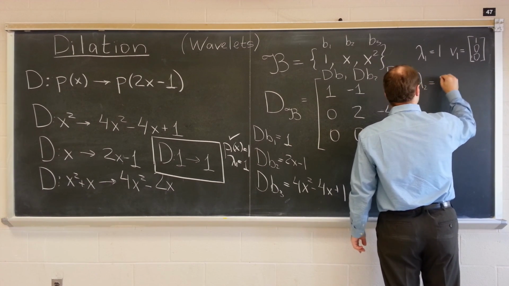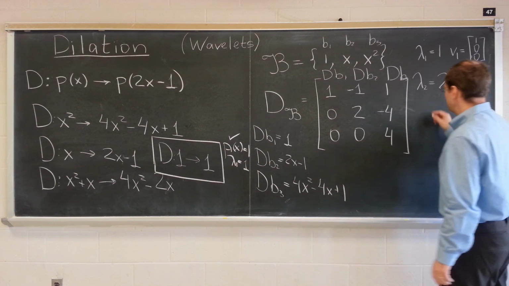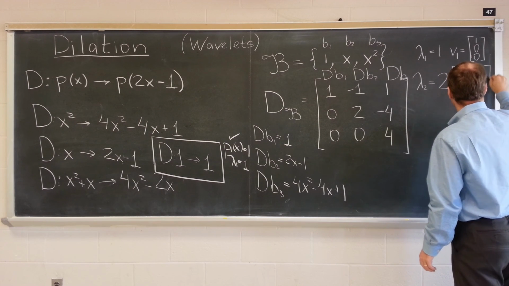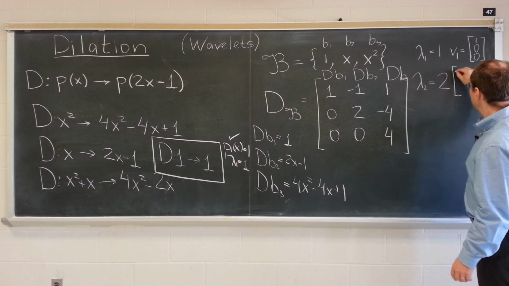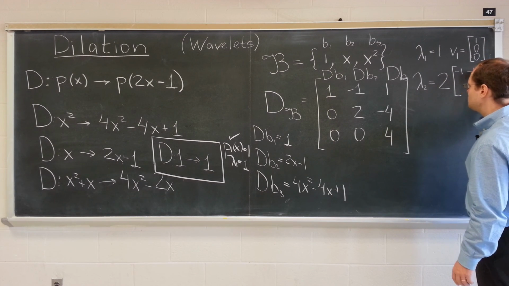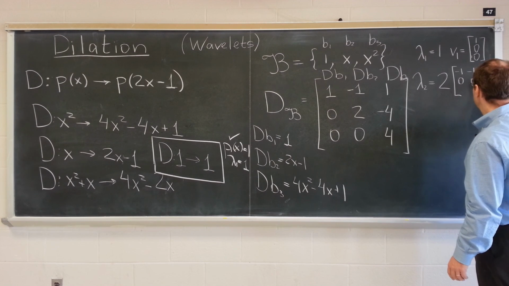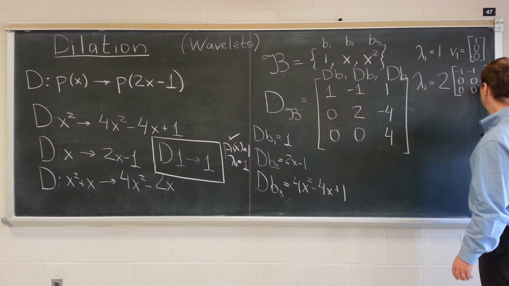Lambda 2 equals 2. Now we have to do a little bit of work. I'll keep it small though, because it should be quite easy. So subtracting 2 from the diagonal, we get minus 1, 1, 0, 0, negative 4, 0, 0, 2.